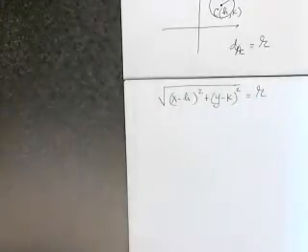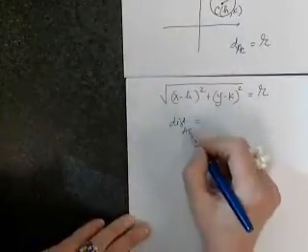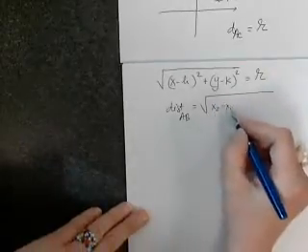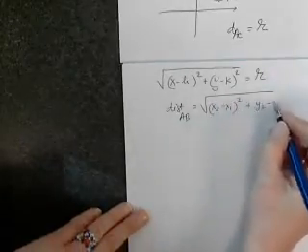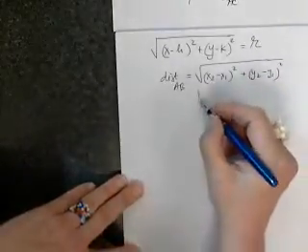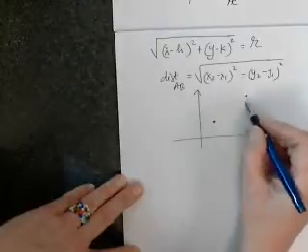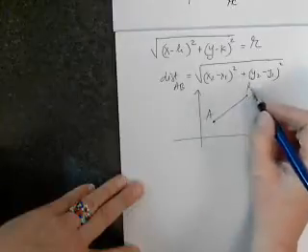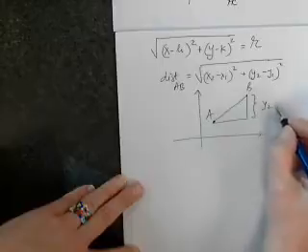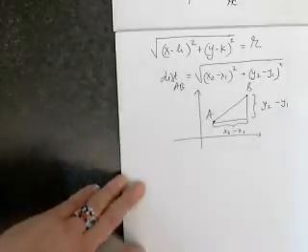Excellent. So let me give you the distance formula one more time. The distance between A and B is written normally as the square root of x2 minus x1 everything squared plus y2 minus y1 everything squared. Where does this come from? If you remember from the right triangle, this is A, this is B. This is y2 minus y1, and this is x2 minus x1.